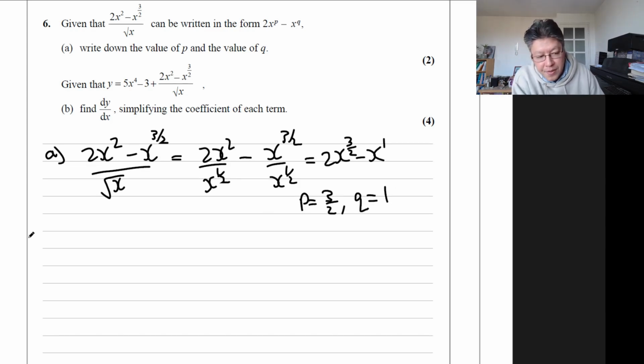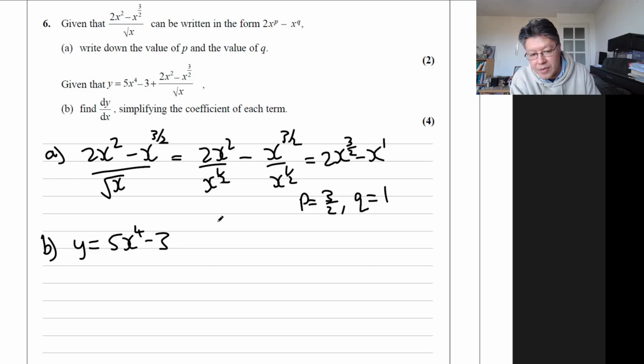Okay, part B, we're given that y equals 5x to the 4 minus 3 plus this term here, which is part A. So we're just going to copy that as 5x to the 4 minus 3, but we're going to replace this with this over here.